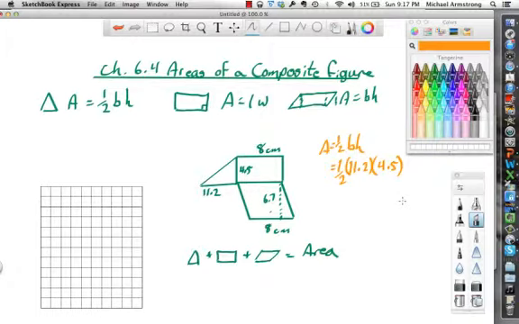Now, the 1/2 is kind of cool. You can use 0.5 and multiply it, or you can do 11.2 times 4.5 and then divide by 2. So you can divide by 2 or you can multiply by 0.5. And hopefully you understand that. We've been working with fractions for a while, but right now I'm going to use 0.5 times 11.2 times 4.5. And that equals 25.2.